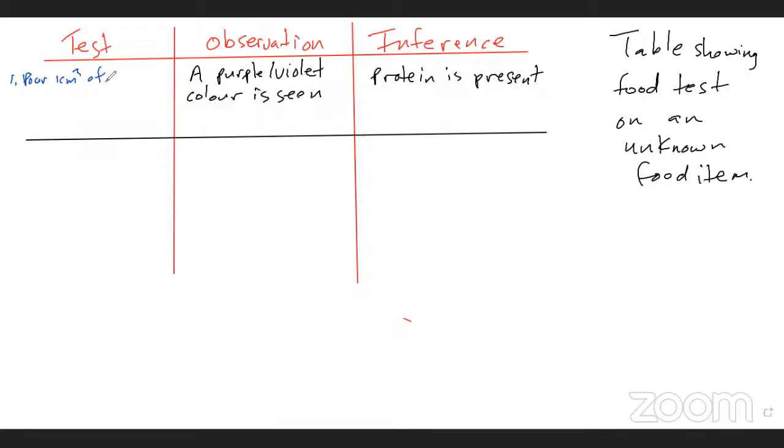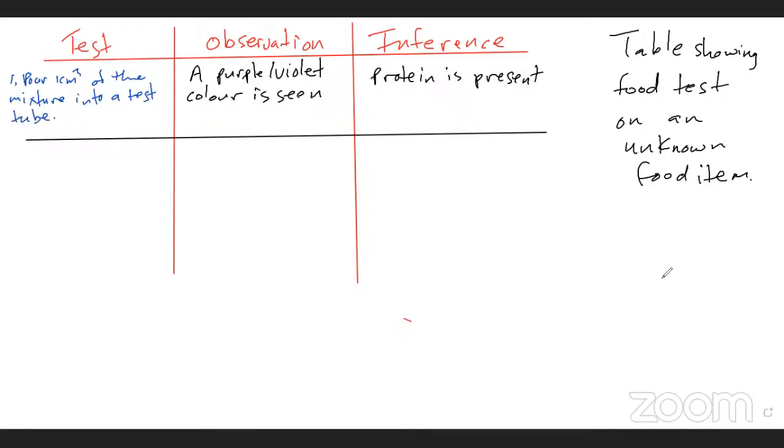So pour 1 cm cube of the mixture, that's the unknown food, by the way, into a test tube.